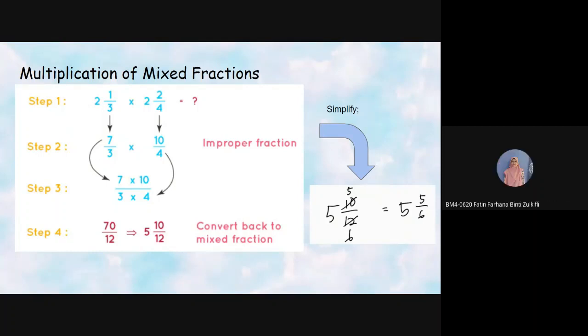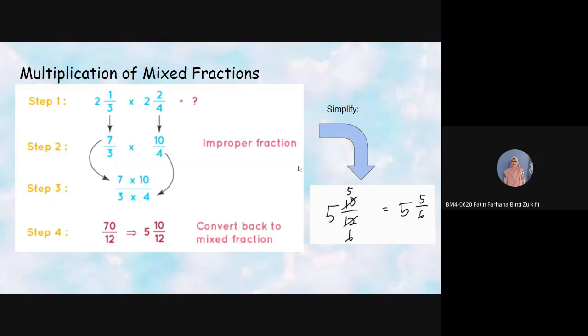Okay, let's move to multiplication of mixed fractions. Step 1, we have 2 1/3 multiplied by 2 2/4. Then step 2, convert to improper fractions. So we have 7 over 3 multiplied by 10 over 4.